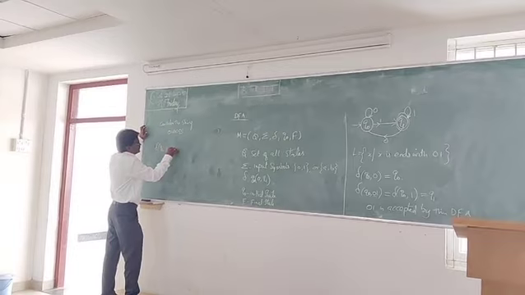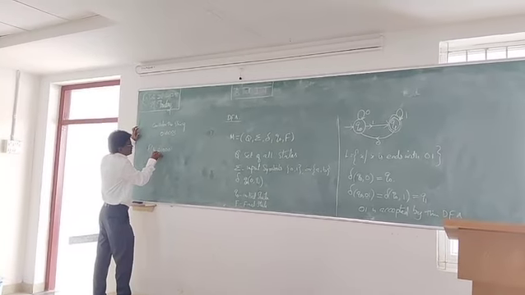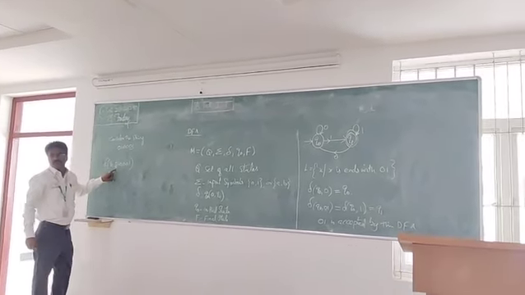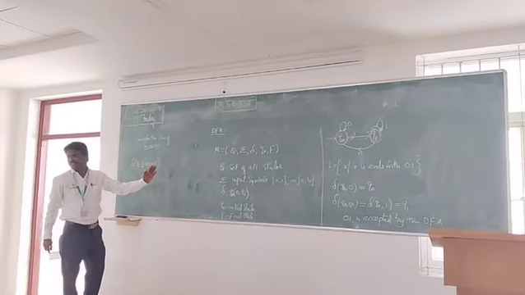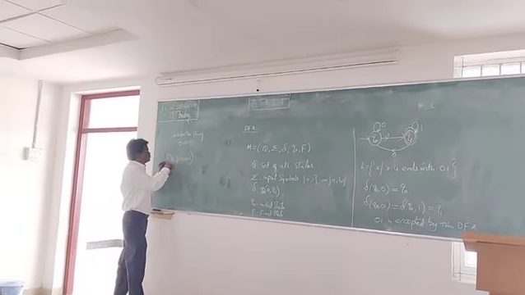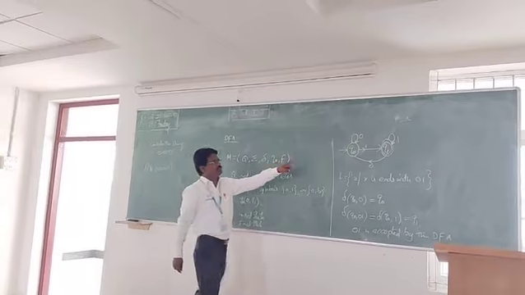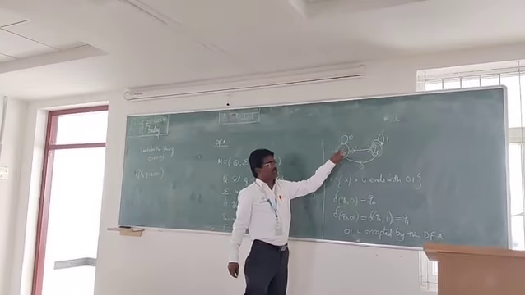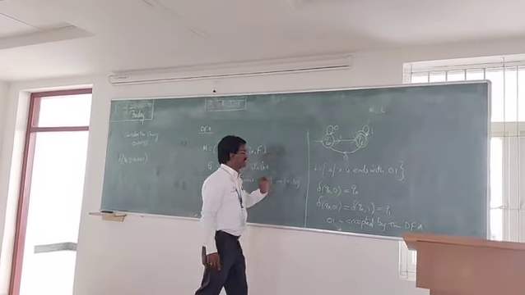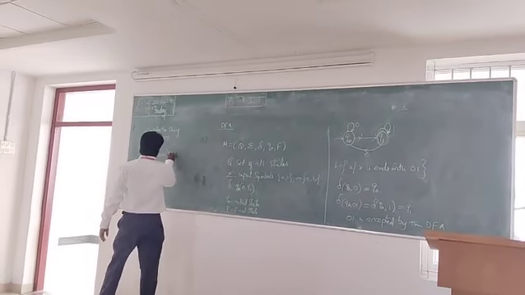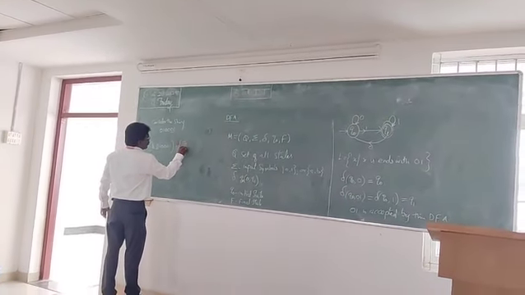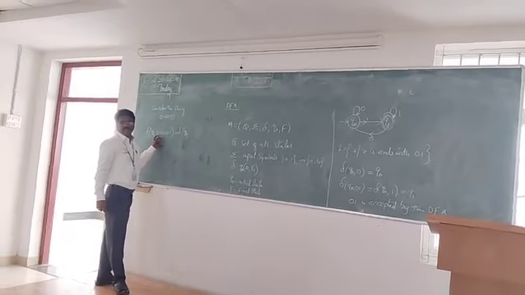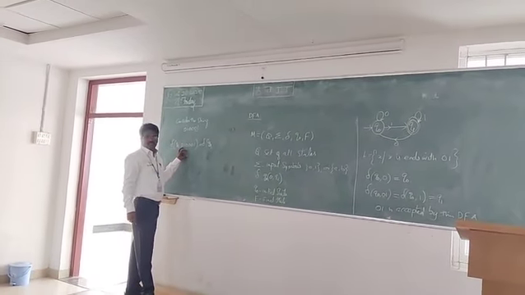We can write all the values, but we need to consider only the first one from left to right. Where does it move? q0 with 0 as an input goes to q0 itself. Okay, it goes to q0.